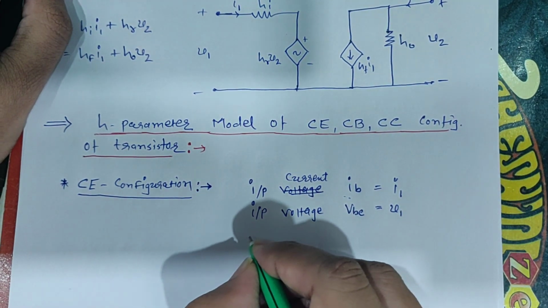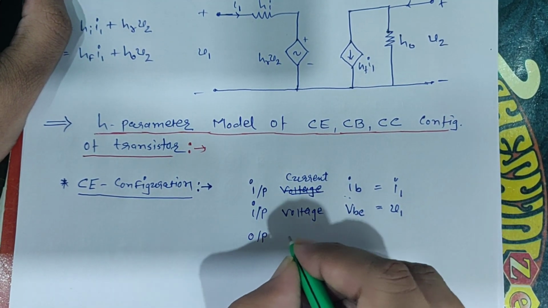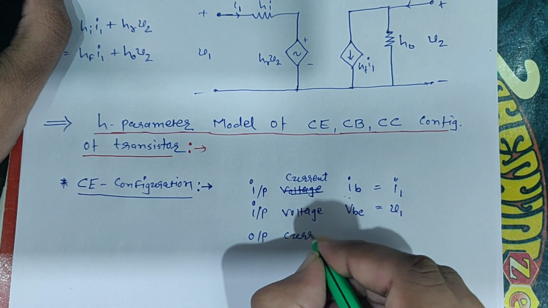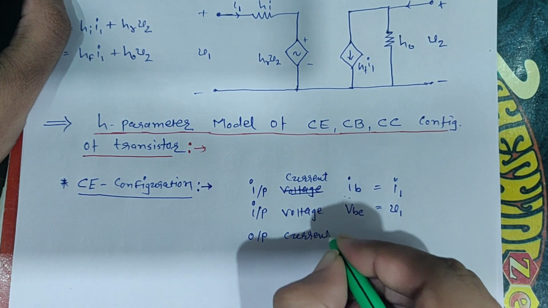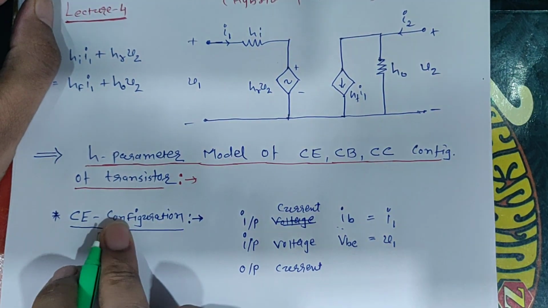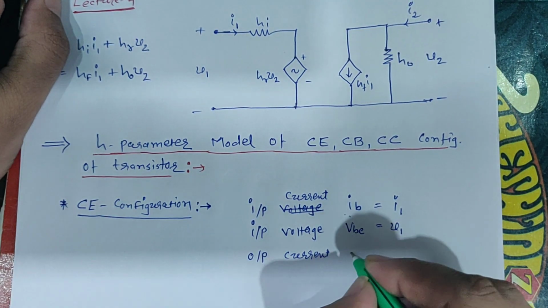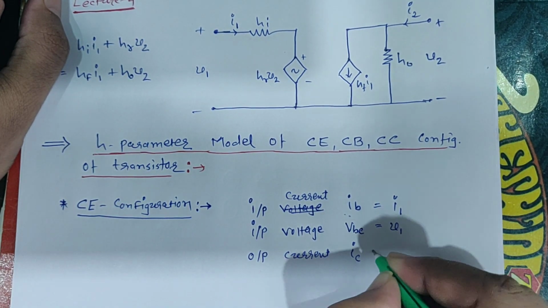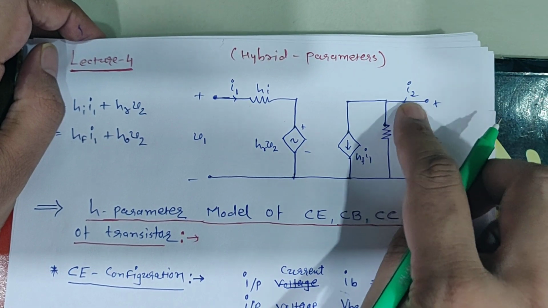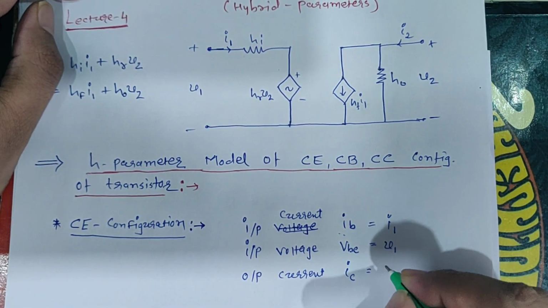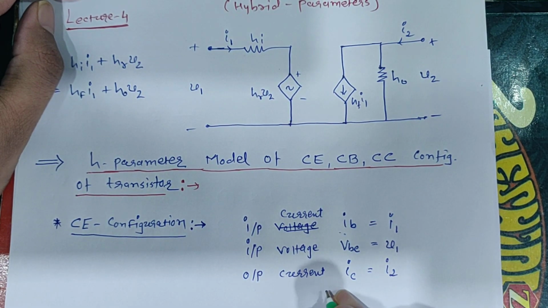Now the output current in common emitter configuration is nothing but IC. Here the output current is I2, so we will replace I2 with IC.